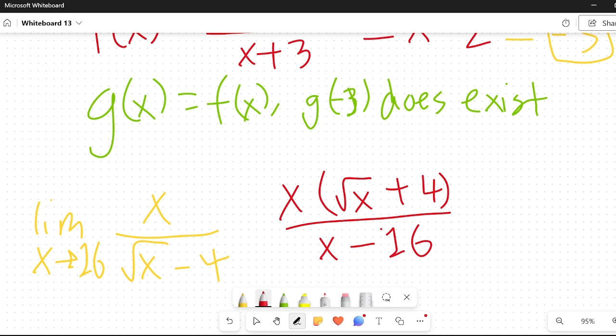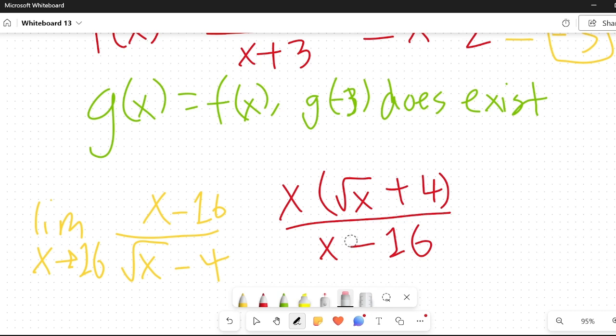Actually, for a better example, let's say that this was x minus 16, because then it'll be 0 over 0, and then we actually don't know what it will be. But it'll look something like this, where we multiply the conjugates.